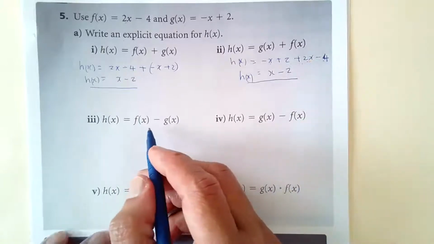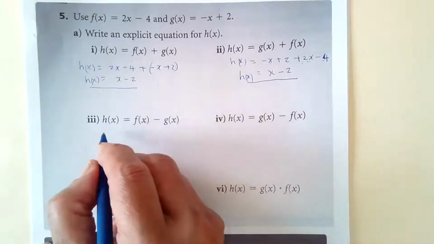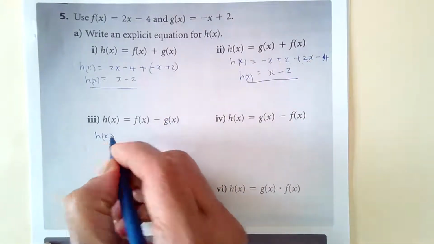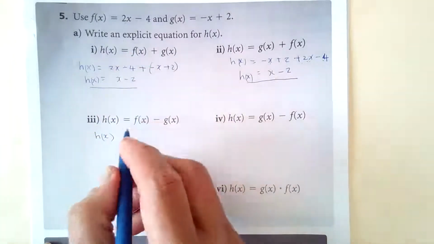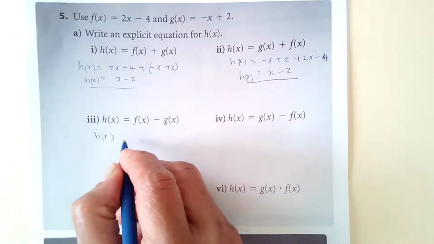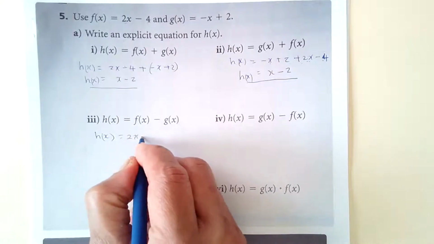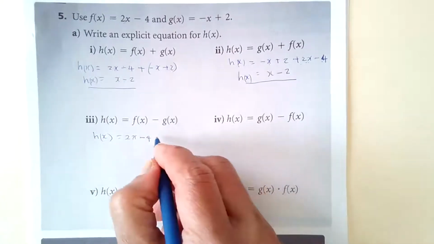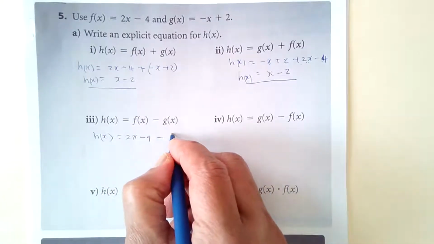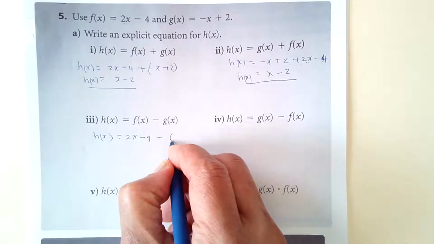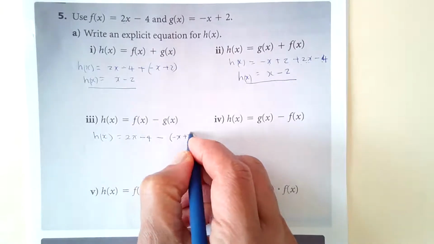And here we have a difference. So we have h of x, f of x is equal to 2x minus 4 minus g of x, which is minus x plus 2.